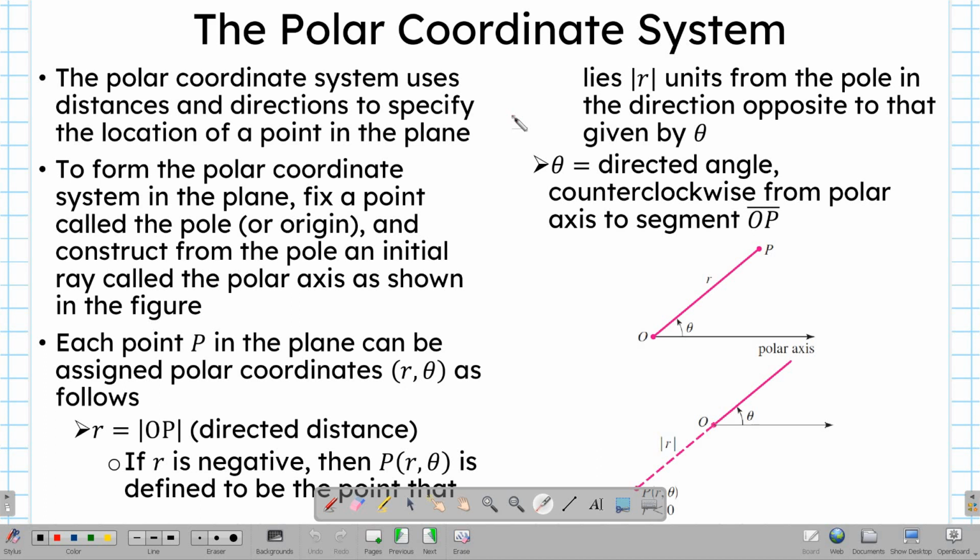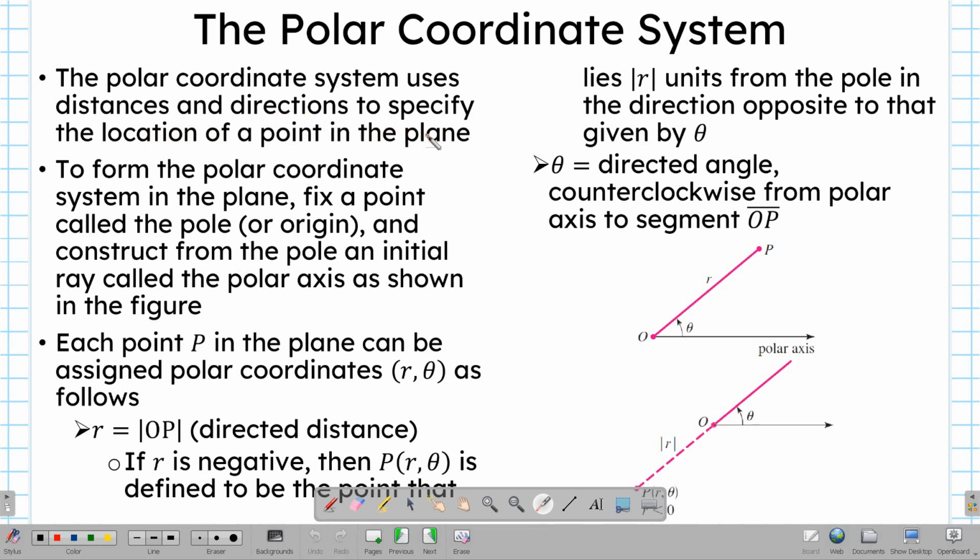If the Cartesian coordinate system uses a directed distance from a certain origin, the polar coordinate system uses distances and direction to specify the location of a point in the plane.